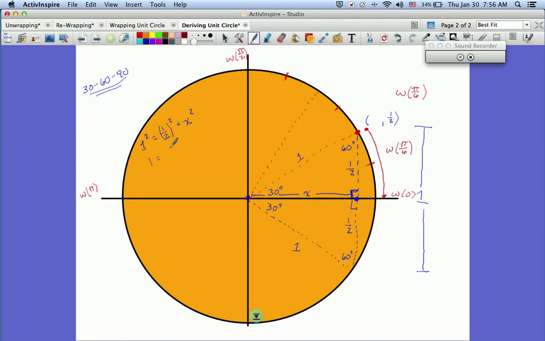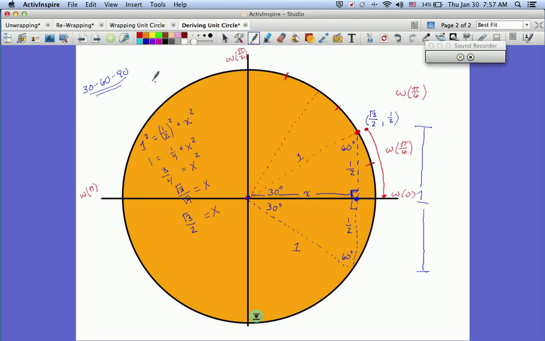So 1 equals 1/4 plus x squared. So x squared equals 3/4. So the square root of 3 over the square root of 4 equals x, which means x equals the square root of 3 over 2. Root 3 over 2. So I've now found a rep of pi over 6. That is a rep of pi over 6 for us.